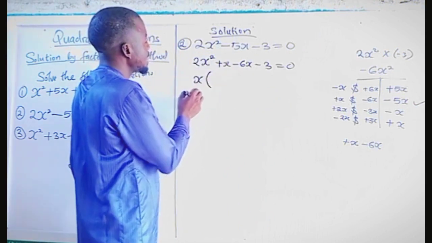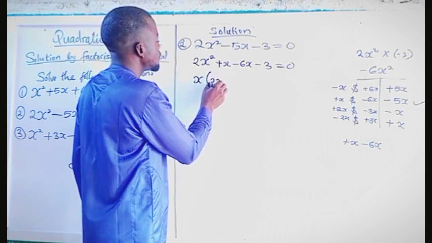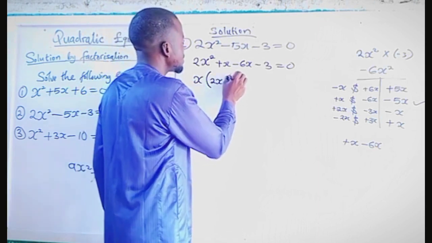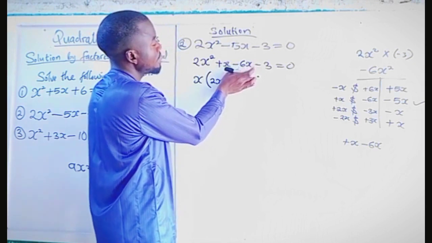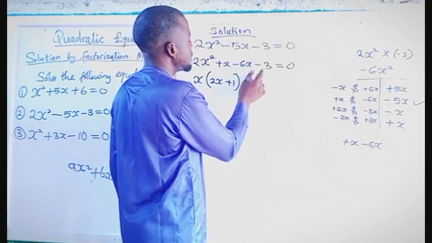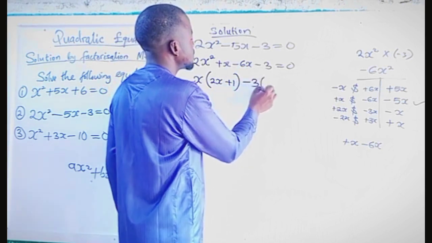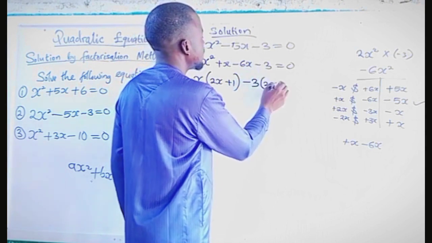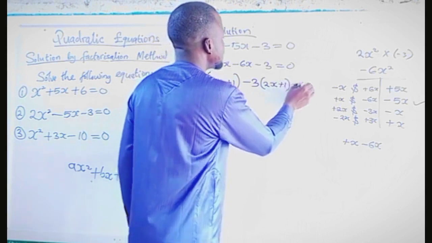Then inside the bracket, we have 2x plus 1. The highest common factor between minus 6x and minus 3 is, of course, minus 3. So we are also left with 2x plus 1 in the bracket, which is equals to 0.